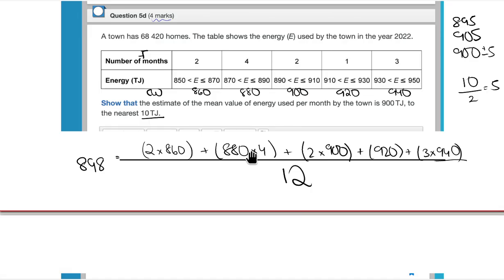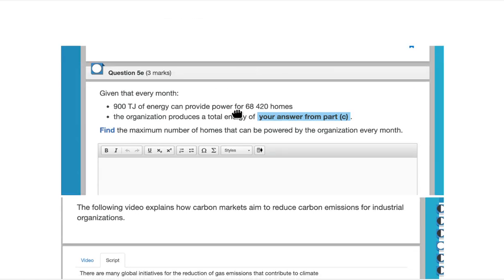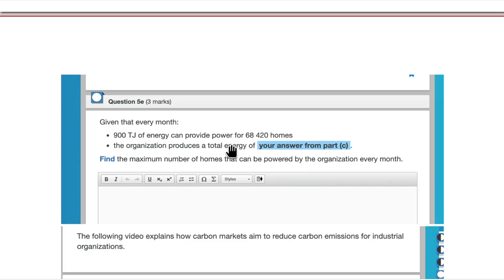Okay, so how do you solve this one? Look, if we were to divide 261 by 900 terajoules. How to solve this part? Let me re-explain. You've been given that 900 terajoules of energy can provide power for 68,420 homes. But how much do we have? We have a maximum of 261, right?